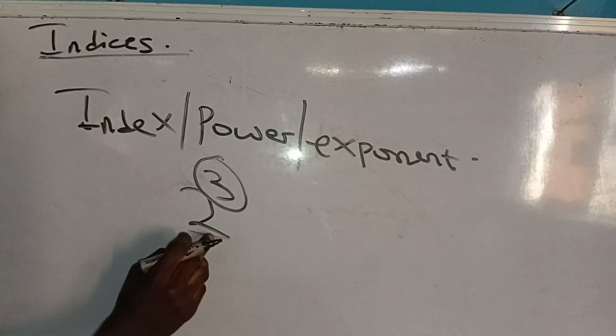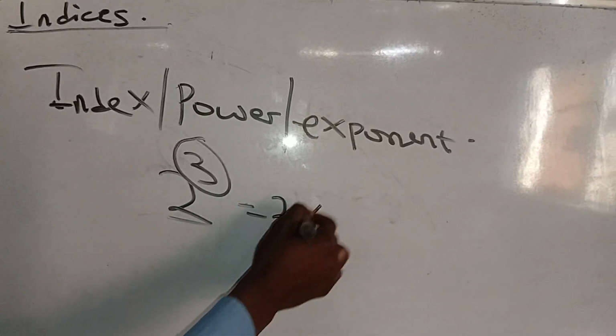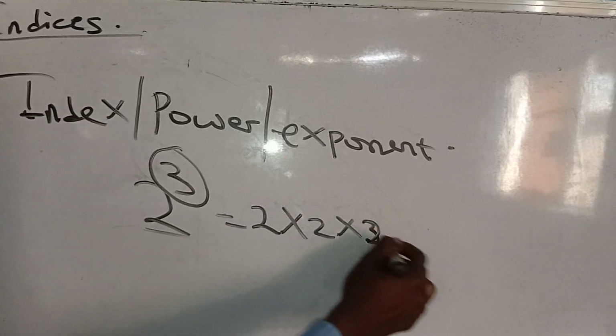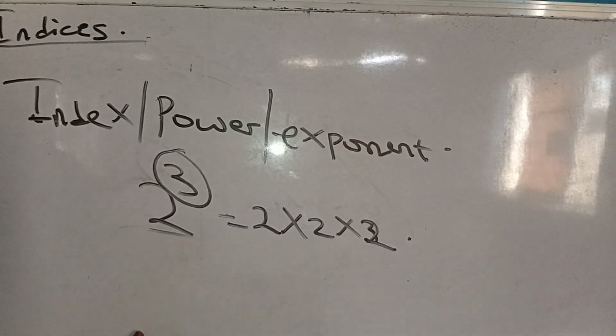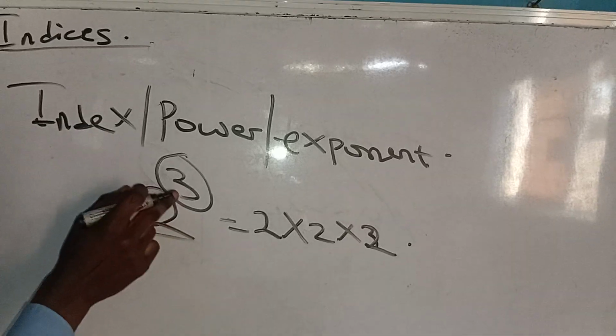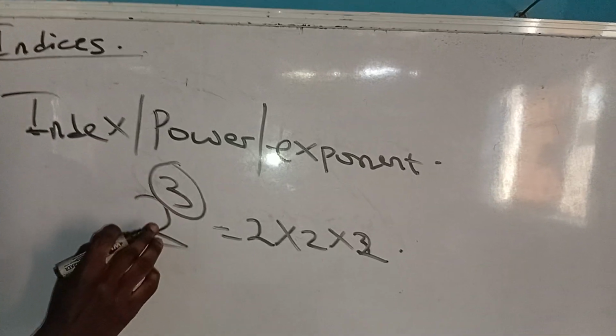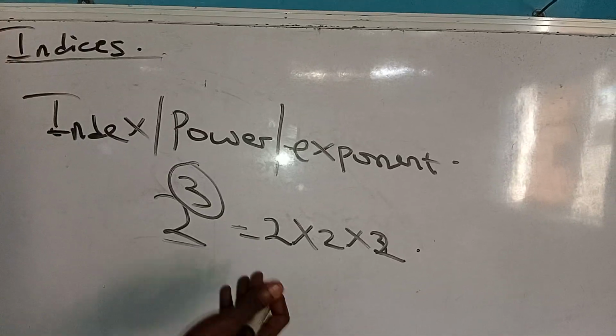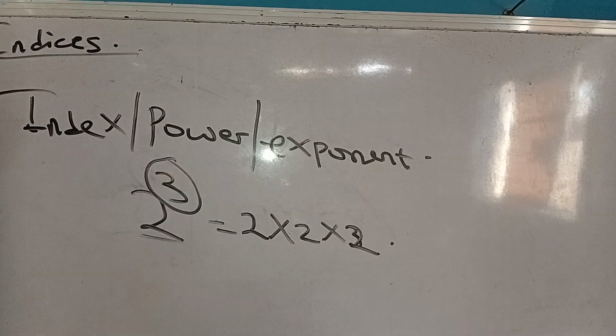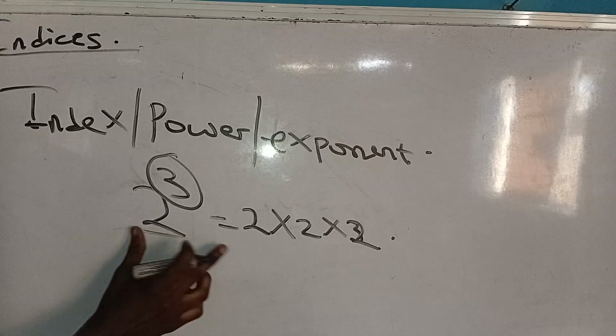So that means 2 is going to be multiplied in 3 places. Why is it going to multiply in 3 places? It's because it's 3 that is telling us how many times, which is the power, is telling us how many times we are going to multiply.